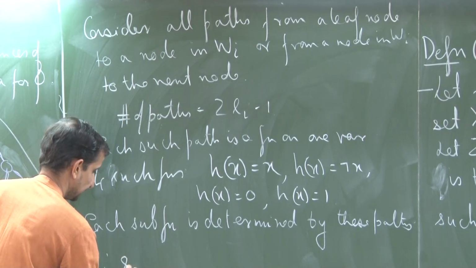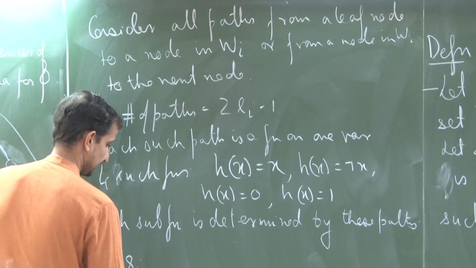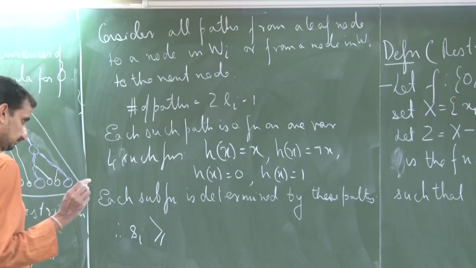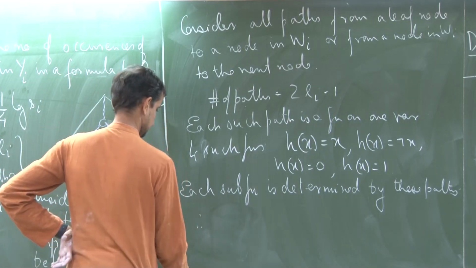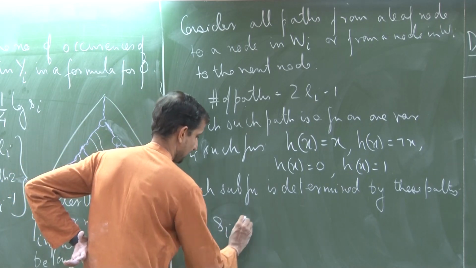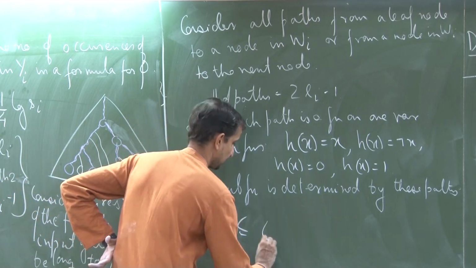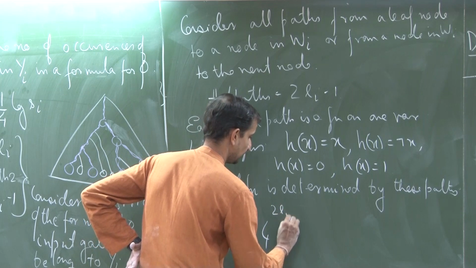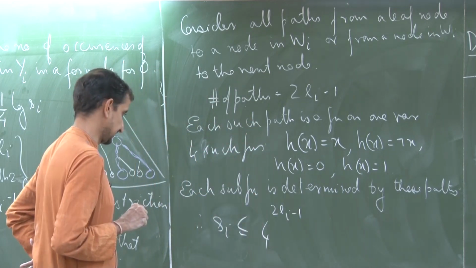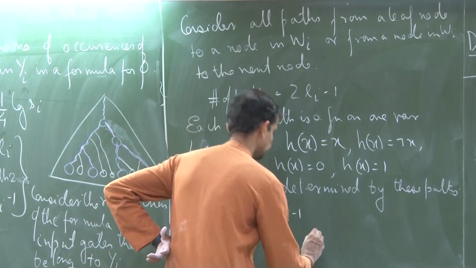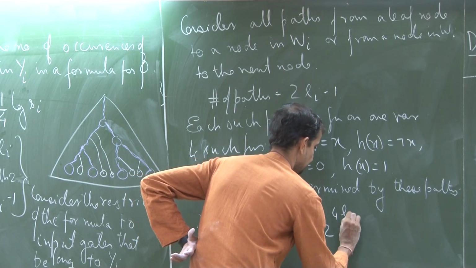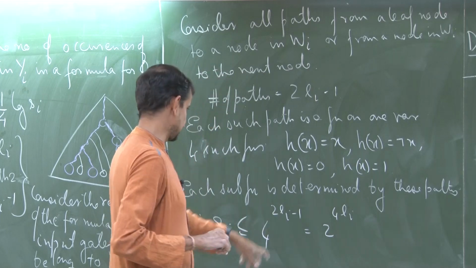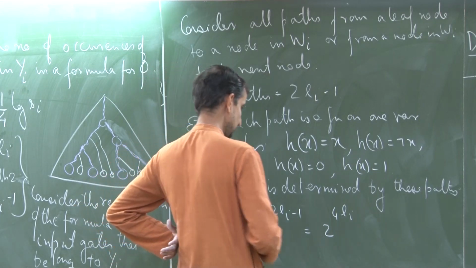Therefore, the number of sub functions is at most 4 to the power 2 Li minus 1, which is at most 2 to the power 4 Li; I can just leave out this 1.